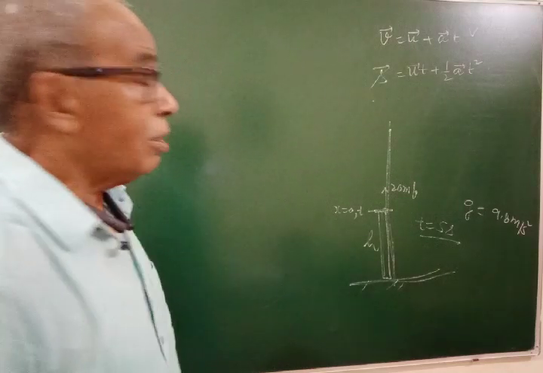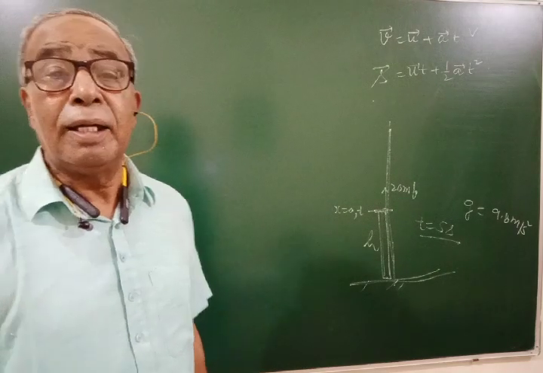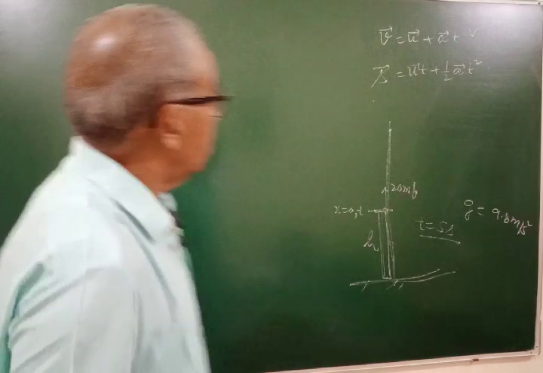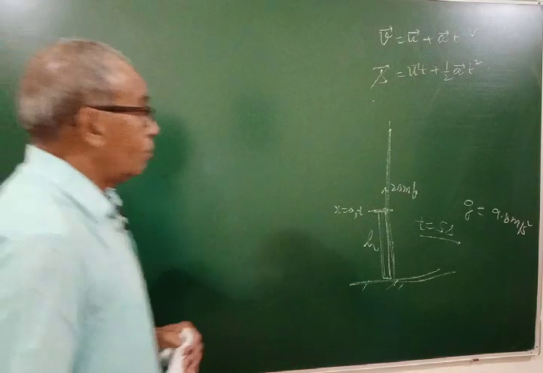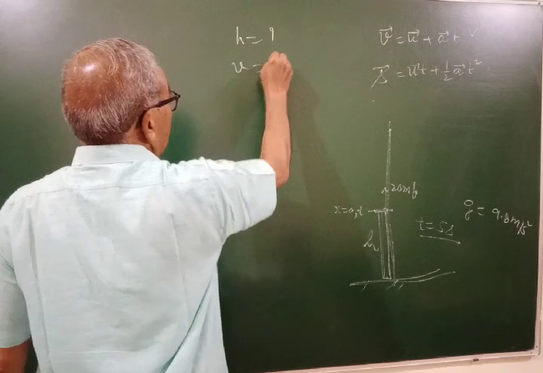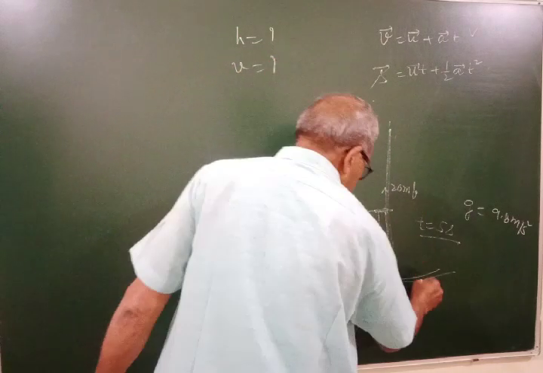You are asked to find the height of the building and the velocity of the ball when it hits the ground.